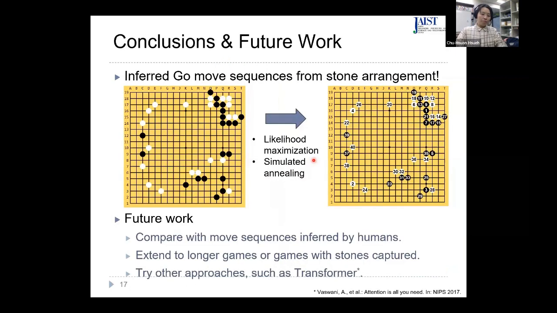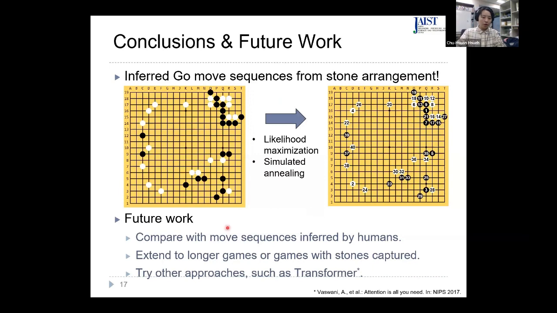And a final recap: we did Go move sequence inference from stone arrangement. We formulate it as likelihood maximization and use simulated annealing to solve it. And there is some promising future work. First, we think it will be interesting to ask human players to also do the inference and compare the results.